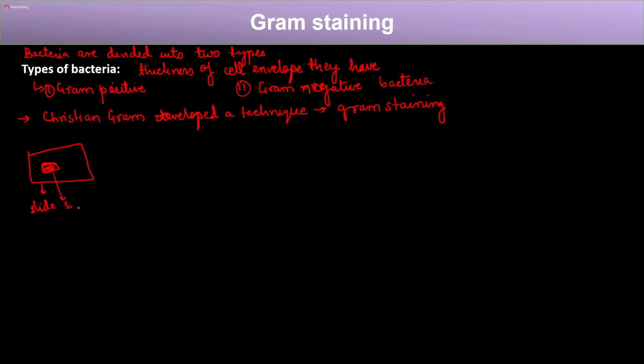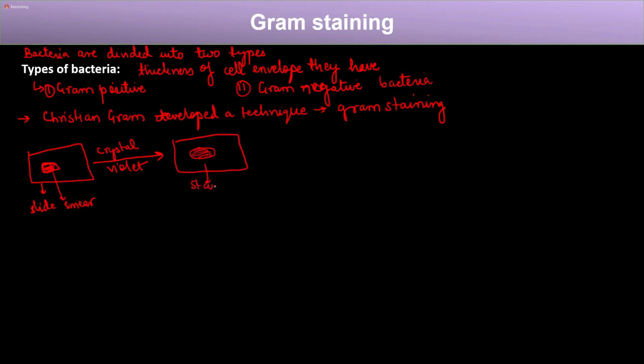That thin layer is known as smear, okay? After spreading, you add a dye over it, and this dye is known as crystal violet. You stain the sample with the dye.